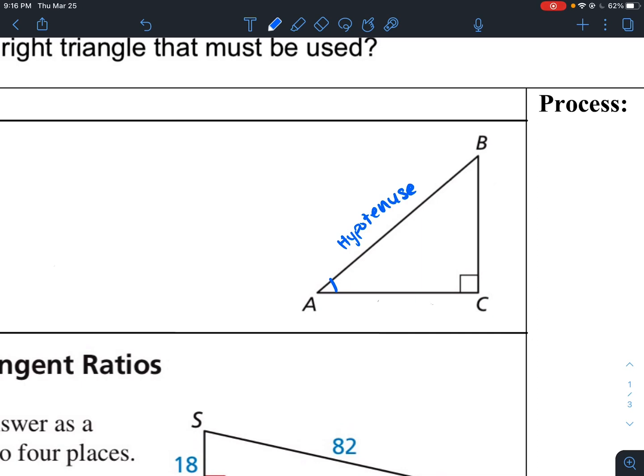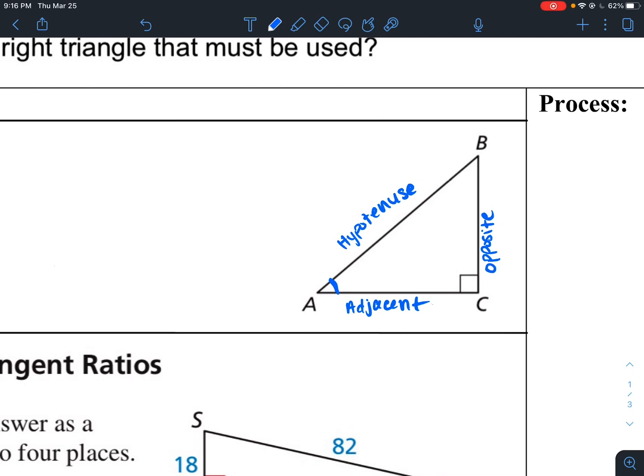Now, relative to angle A, this leg BC is referred to as the opposite side. It's opposite to angle A. And the line AC is referred to as the adjacent side to angle A.